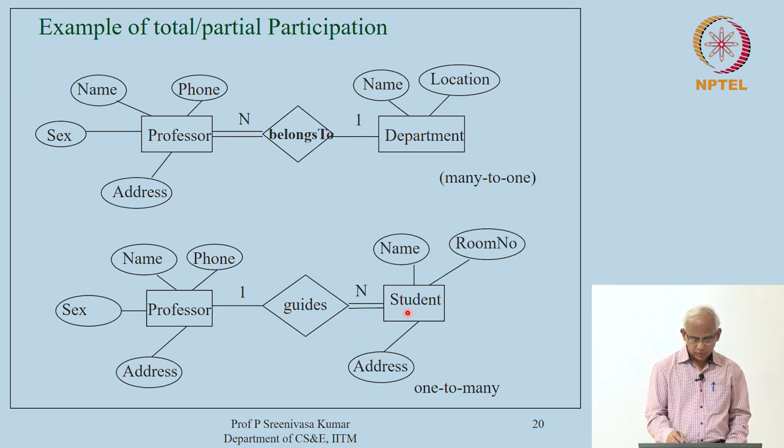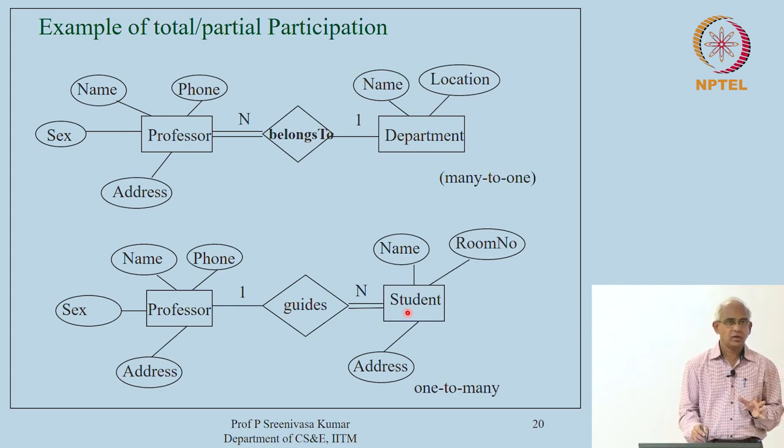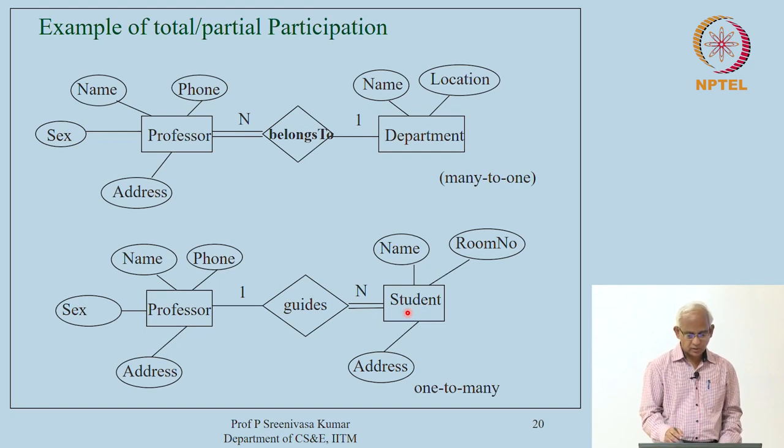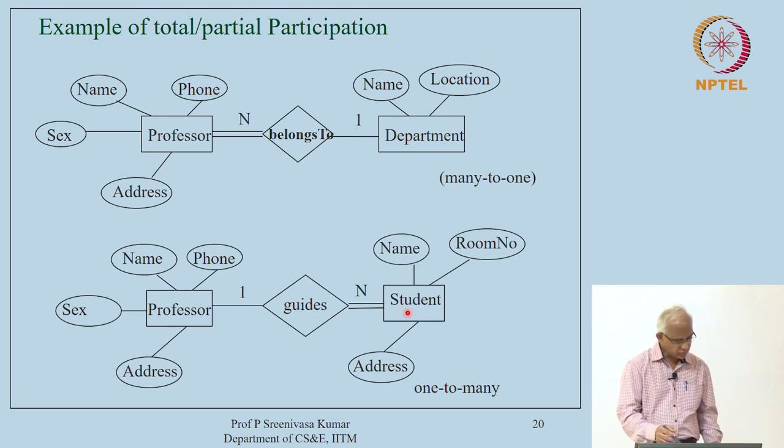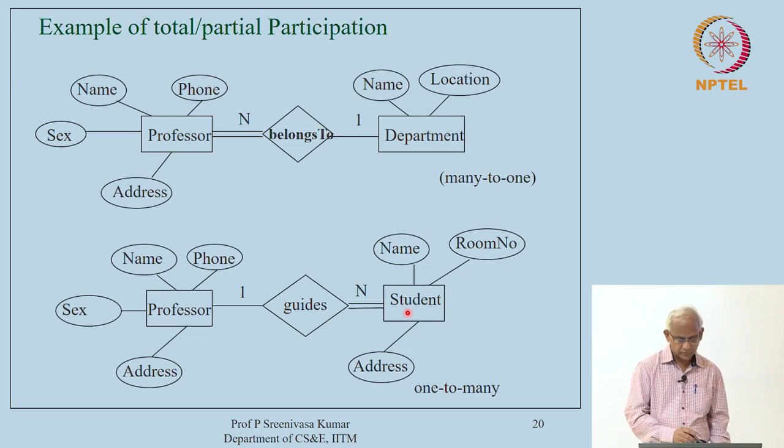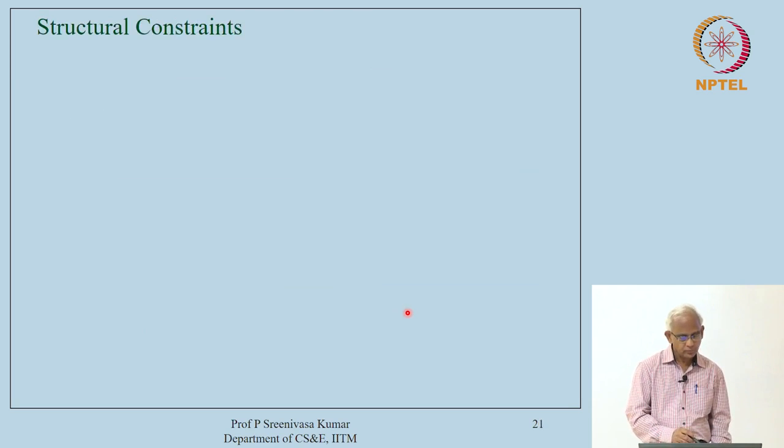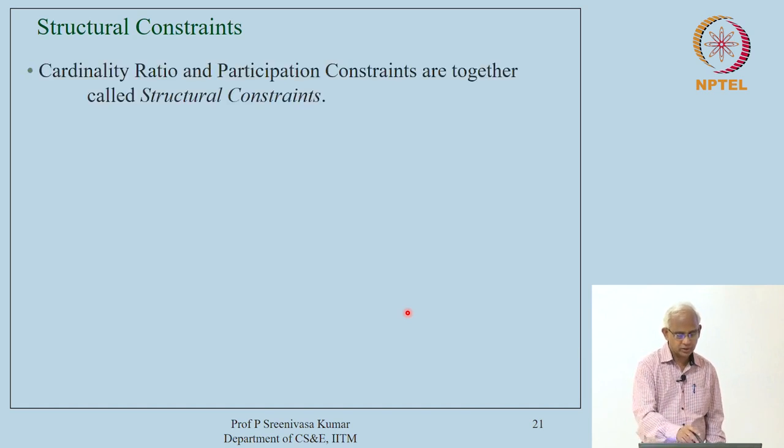Together, the cardinality ratio and the participation constraints allow us to capture more detailed information about the relationships that exist between entities, and we should make use of these tools in order to capture that domain knowledge. Together they are called the structural constraints.